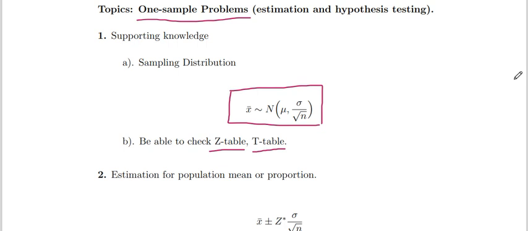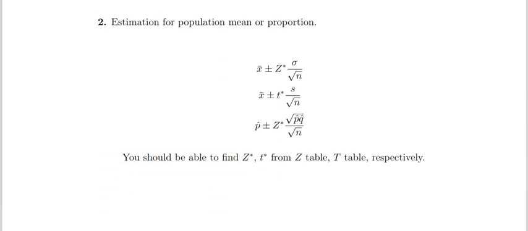Okay. So for estimation, actually easy, right? We want to find a confidence interval for the population's average. The population's average can be mu, or can be p, a proportion.